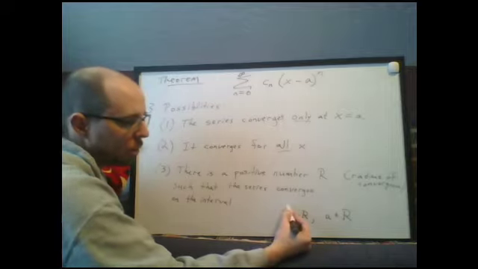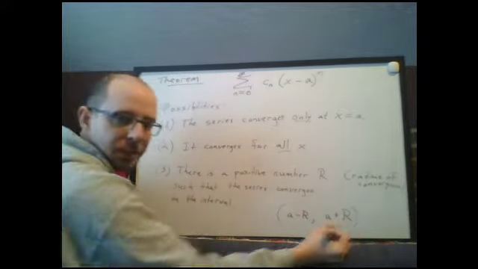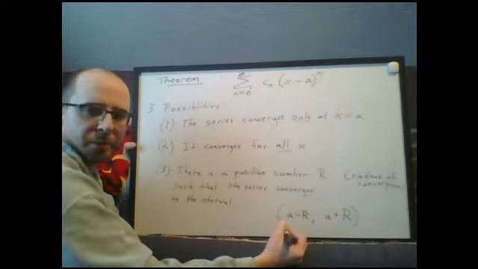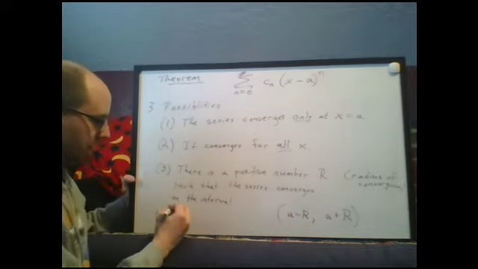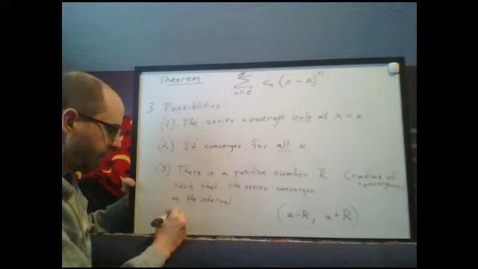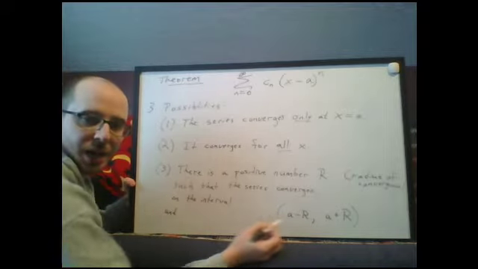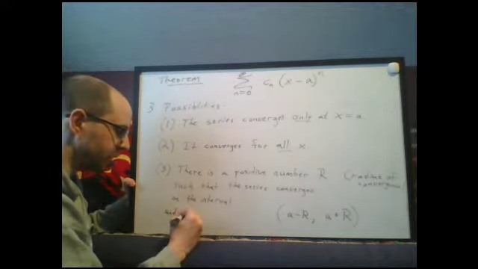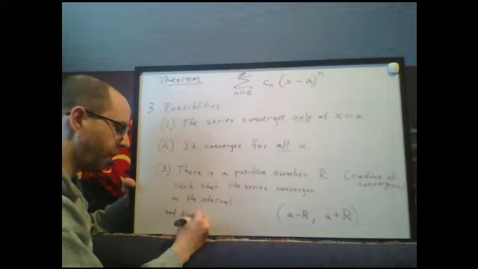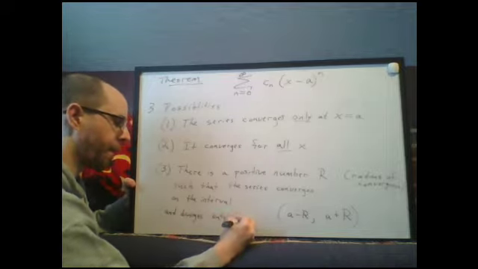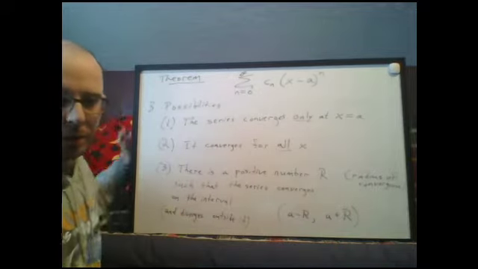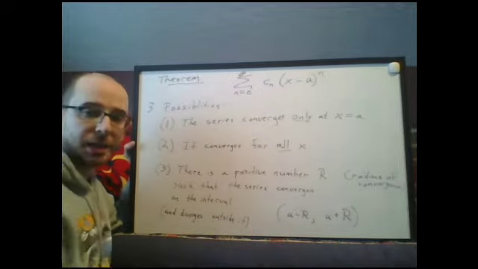So I'll put parentheses here. They could be square brackets. One or both could be square brackets. So it converges inside this interval and diverges outside it. The endpoints have to be checked separately.